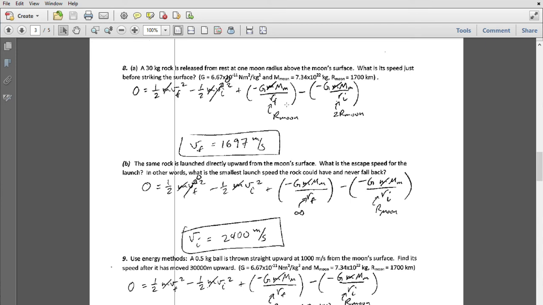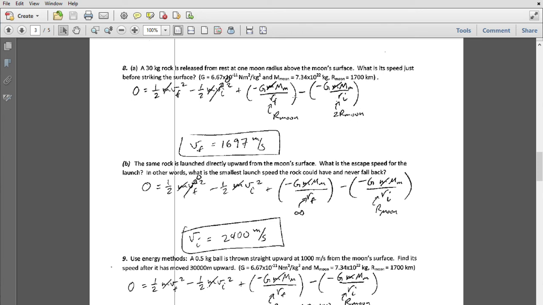PE gravitational is minus G times the mass of the rock times the mass of the moon divided by the radius. So we have to do that in the final case, being very careful about those minus signs, and subtract off the initial potential energy with its own minus sign. Put in those parentheses. The initial distance of the rock from the center of the moon is 2 moon radii.